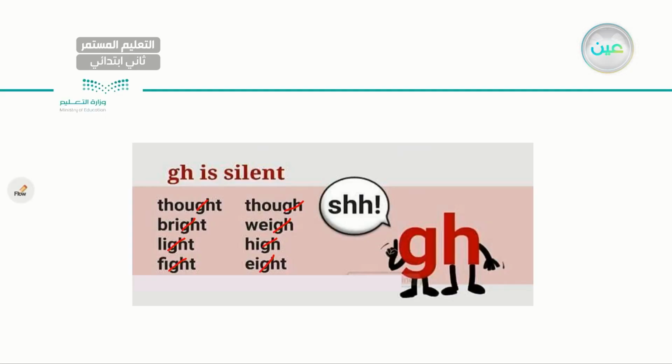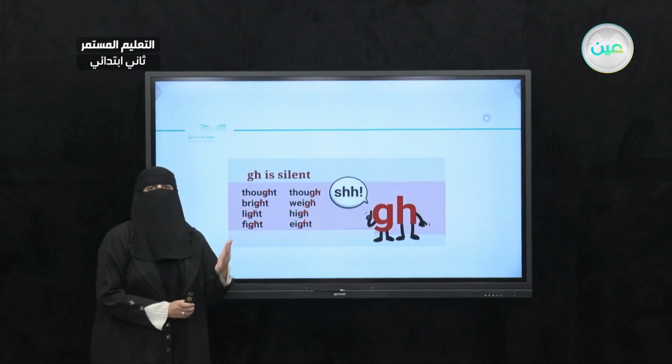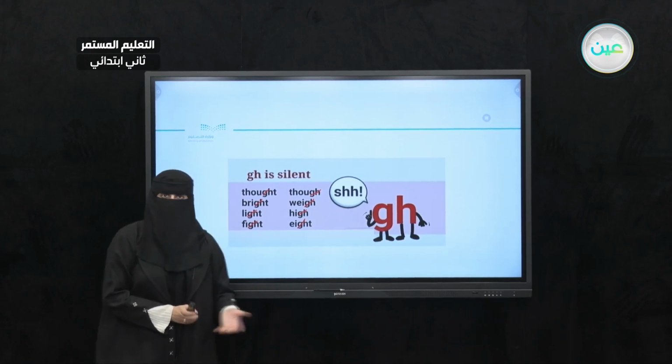Let's read them one more time. Thought, bright, light, fight, though, way, high, and eight. So the G and H here are not pronounced, they are silent.